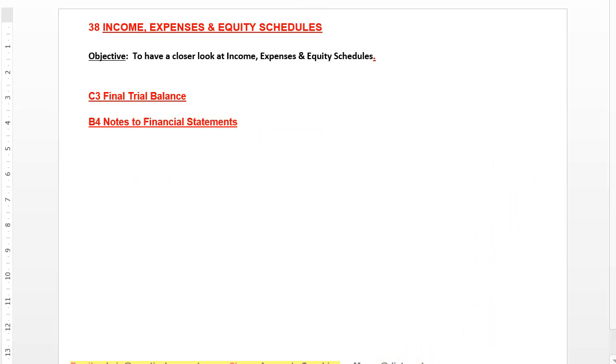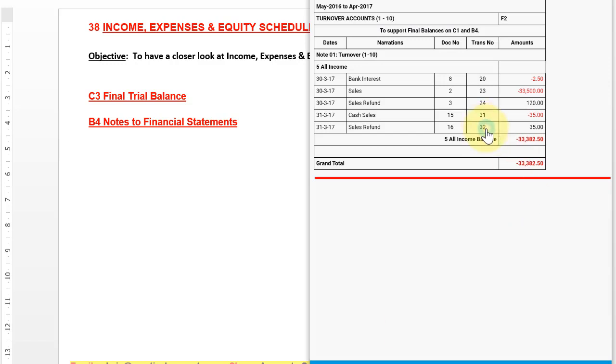So that is the objective of this report, to support this figure that appears on C3 and B4. Supposed to be detailed. So that is the income schedule.